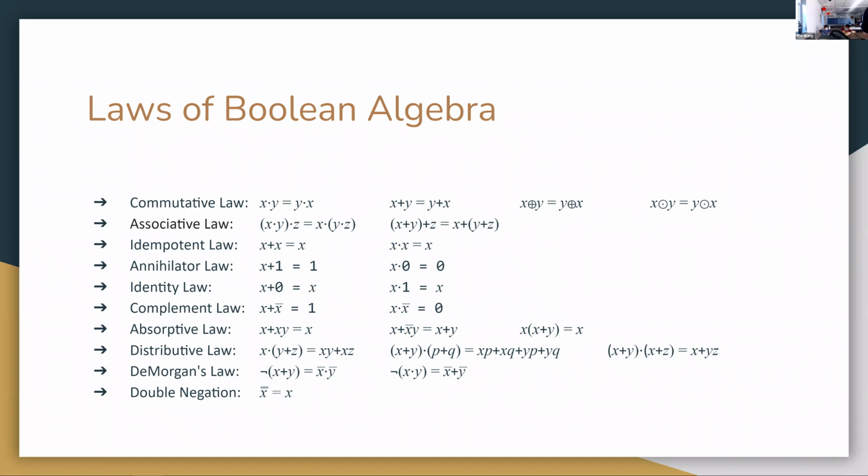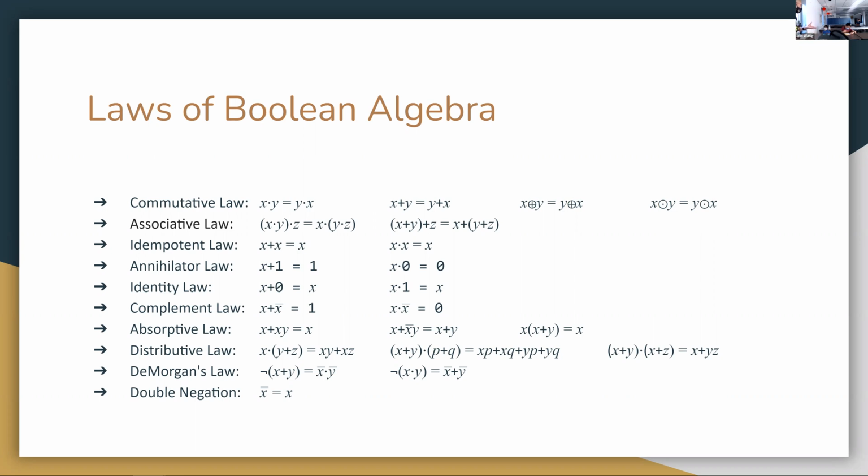For example, x and y, right? If x and y have a set of values, it could be either true or false. x AND y equals y AND x. So if you have an expression, it's like in our regular math, if you have x times y, the result of x times y is the same as y times x, right?